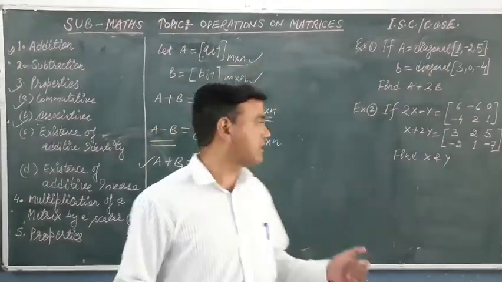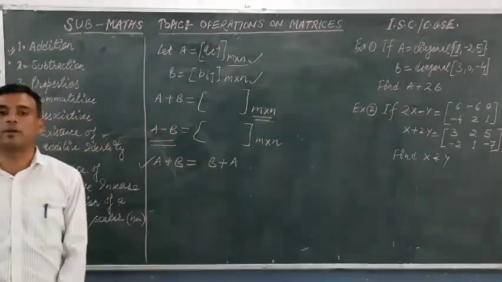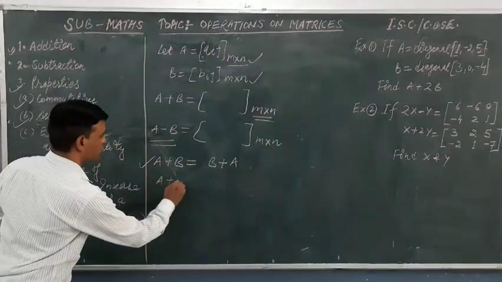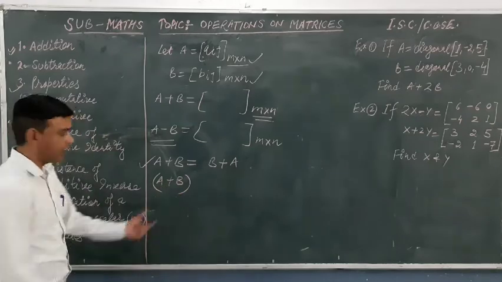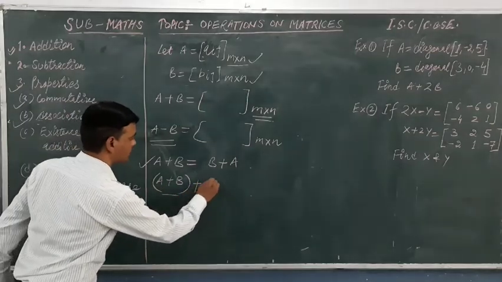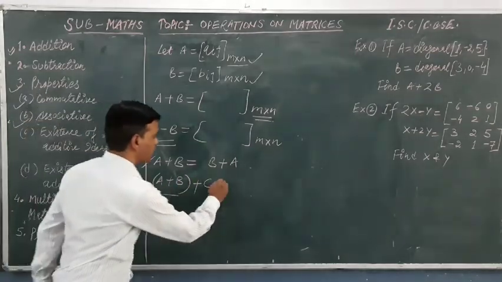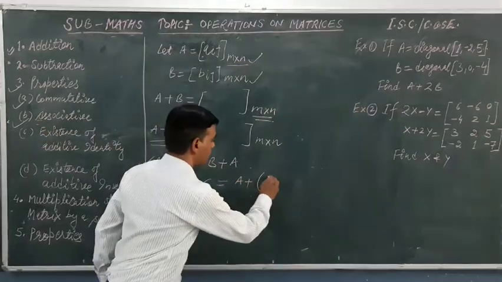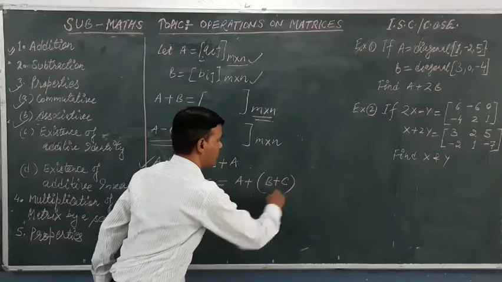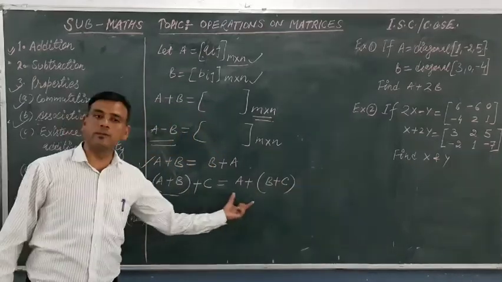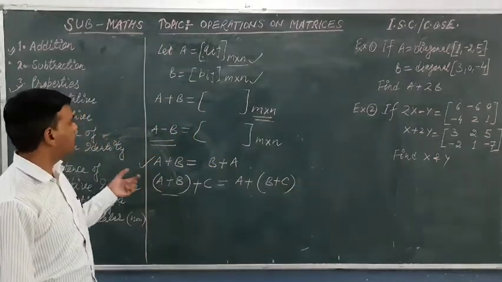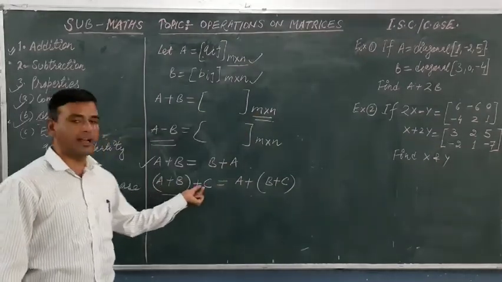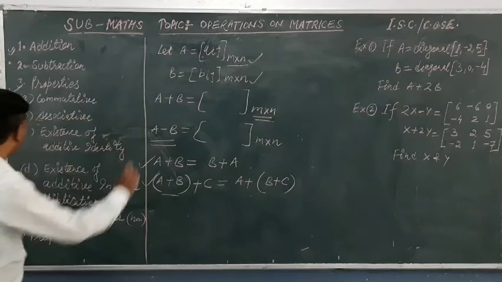In that way we can say that addition of matrices is always associative, and the order will remain the same for A, B and C. This is called the associative property.